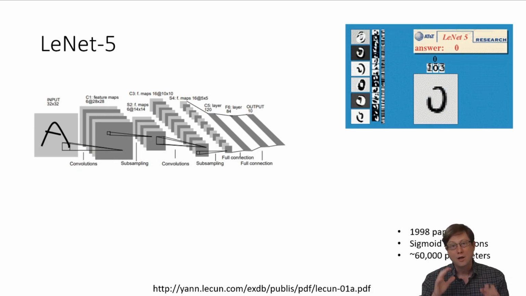All right, our first real neural network architecture, LeNet 5. The task is to look at handwritten digits and predict the digit that's in the image. Here's the network architecture. We're going to walk through it step by step and try to understand a little bit of why it was set up the way it was.